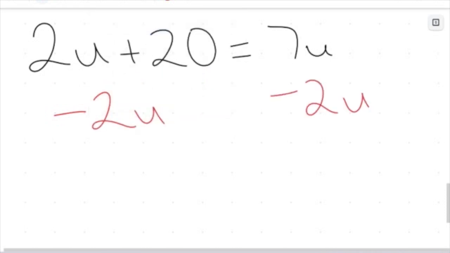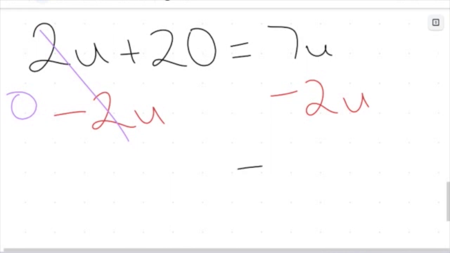And what do I get left with? Well, on my left-hand side, 2u minus 2u, I don't know what u is, but I know that it's the same number. So 2 lots of a number minus 2 lots of the same number gives me 0. And on my right-hand side, I can use what I know from algebra, which is 7u minus 2u.